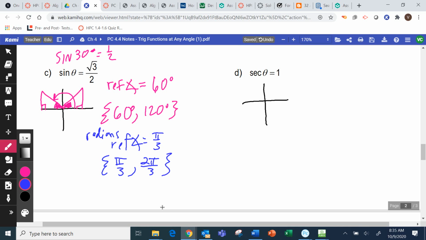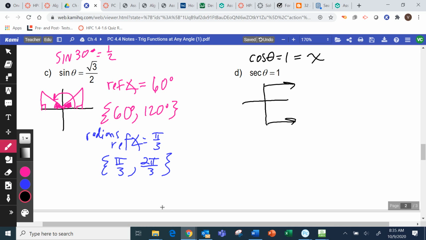All right, and then the next question. This one was a little bit trickier. I know that cosine's positive this direction. But cosine is x. And if it's on the unit circle, it's x by itself.